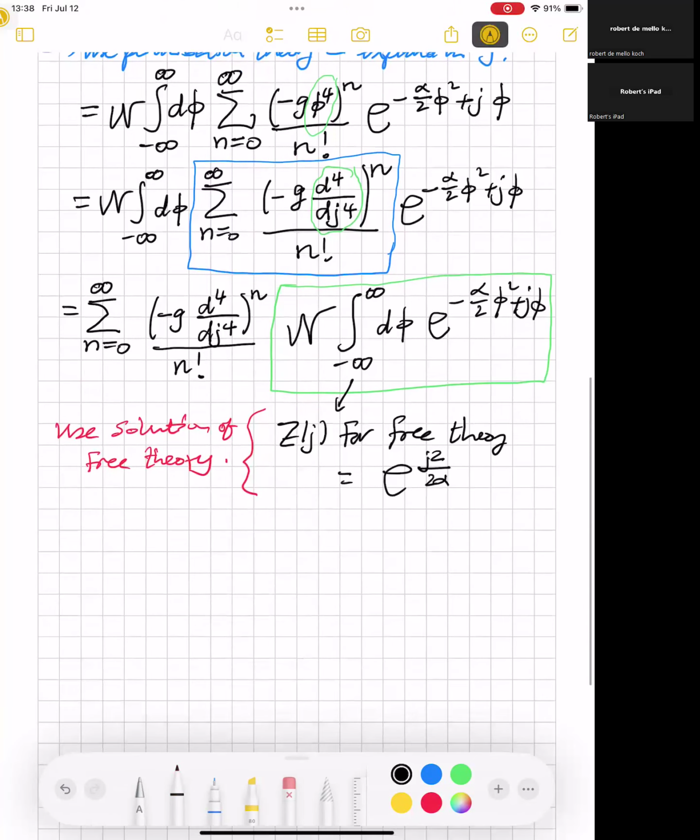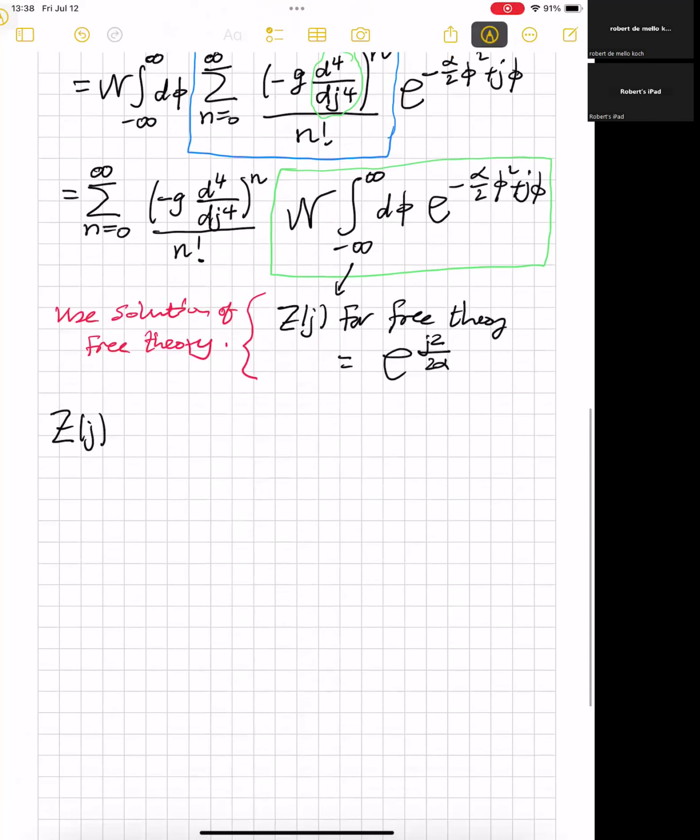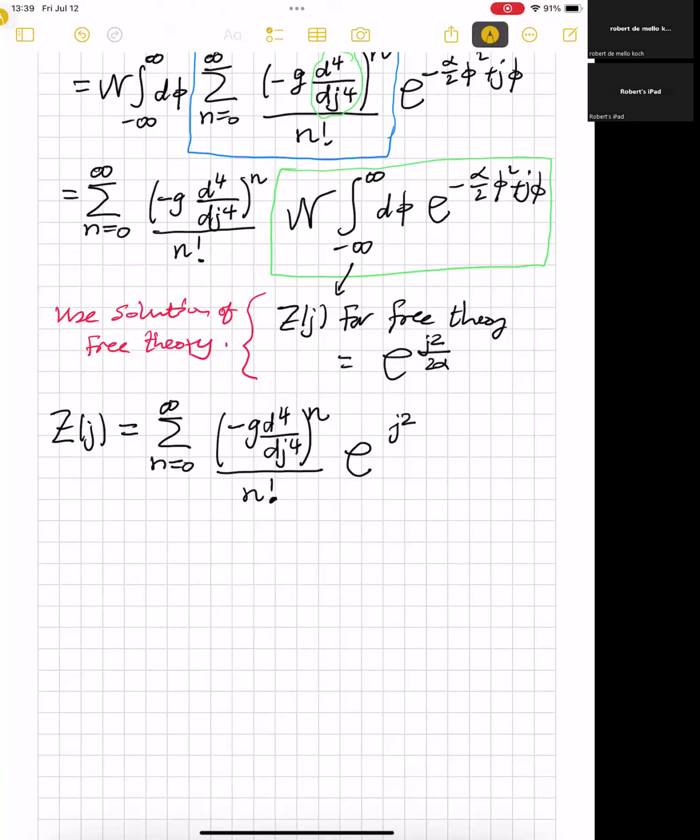Okay, good. So what do we get? We get that Z of J is now equal to a sum from n equals 0 to infinity of (minus g d4 over dj4) raised to the power of n over n factorial, acting on e to the j squared over 2 alpha.